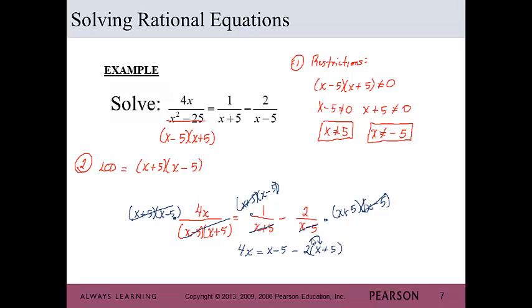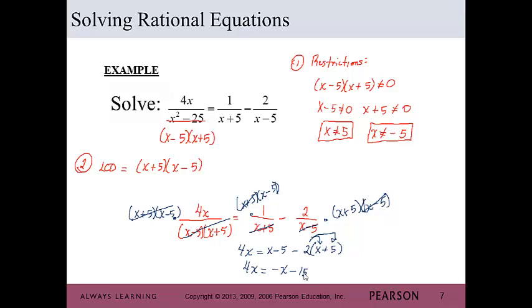Realize that 2 is multiplying everybody inside this parentheses. So really we have 4x equals negative x minus 15. Verify that you also got the right side to be negative x minus 15.